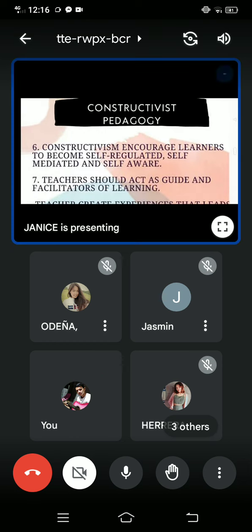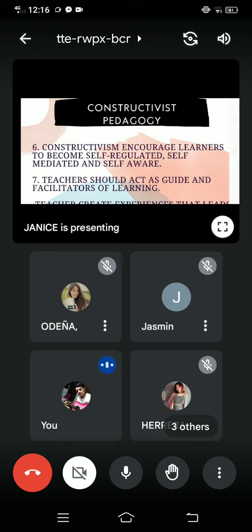Number 6, constructivism encourages the learners to become self-regulated, self-mediated, and self-aware.